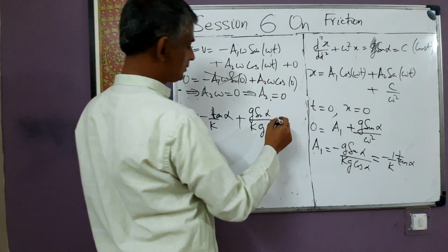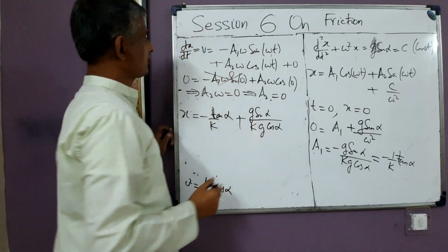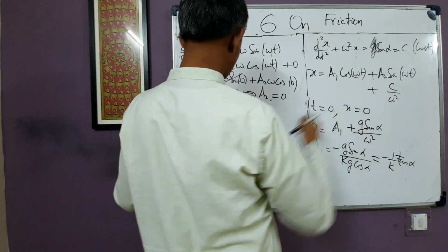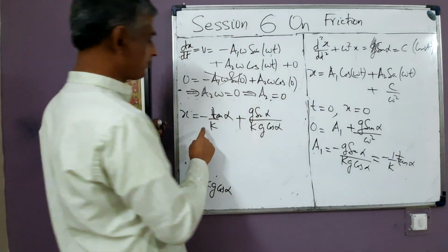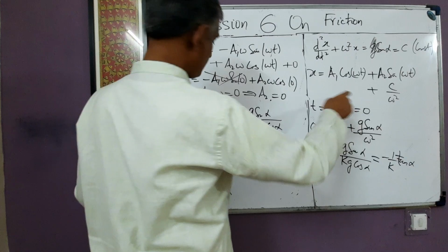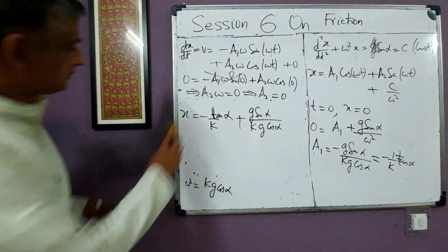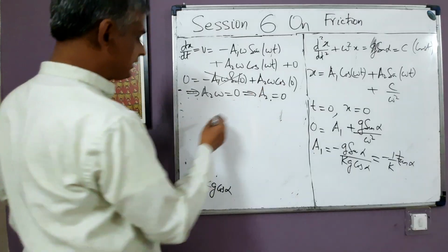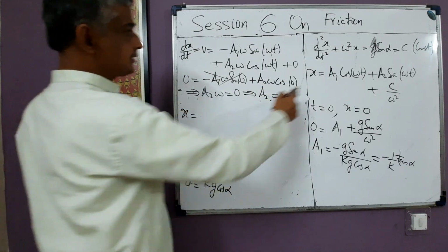Cos, this becomes cos. Just check the equation. So A1 becomes, please give me some time, I'll just rectify it. From this I get x is equal to c.